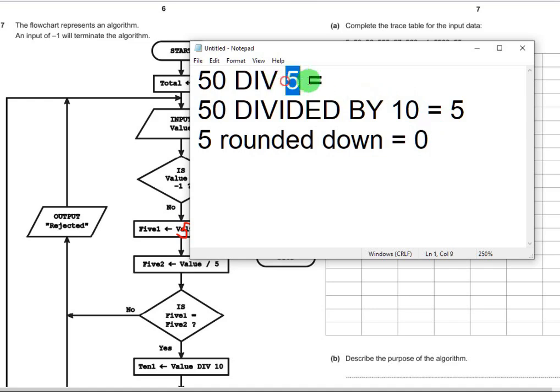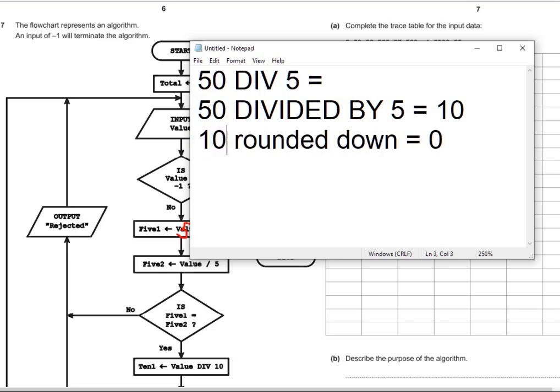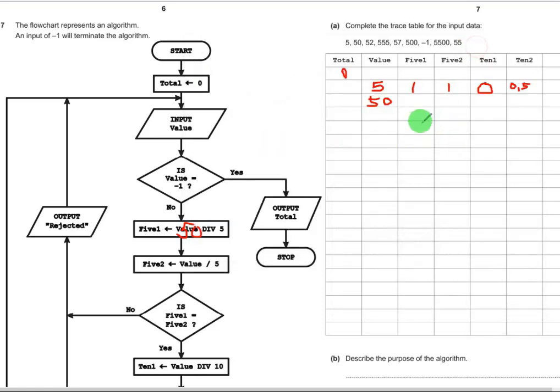This one is div 5, sorry. So 50 divided by 5, it's 10. So 10 rounded down is still 10. So we go over here, it's 10. Okay.